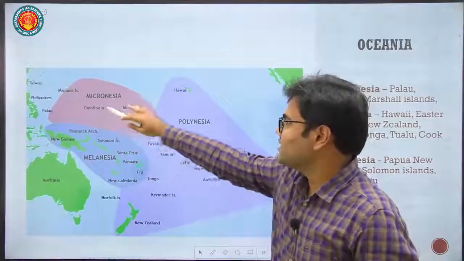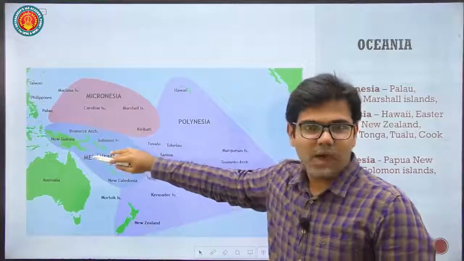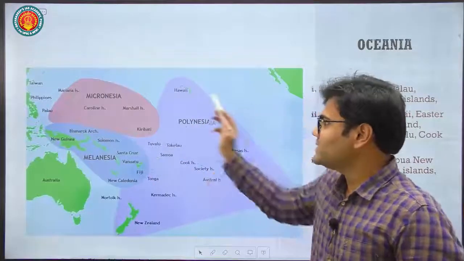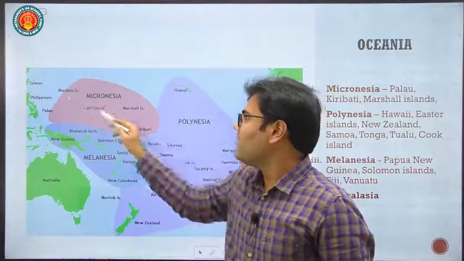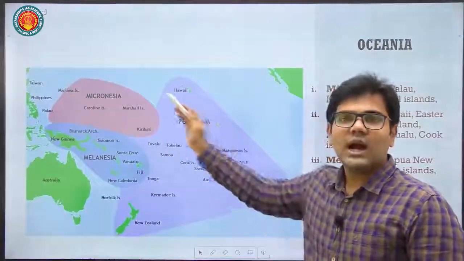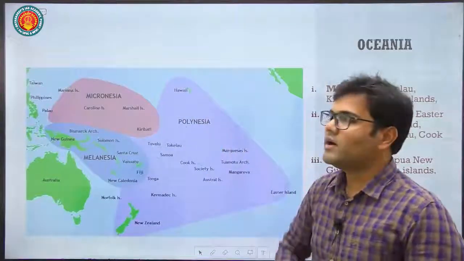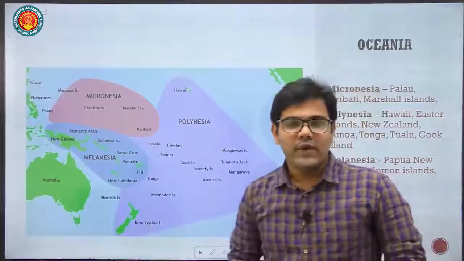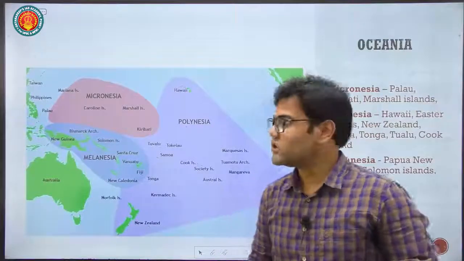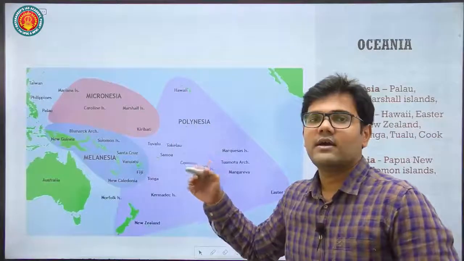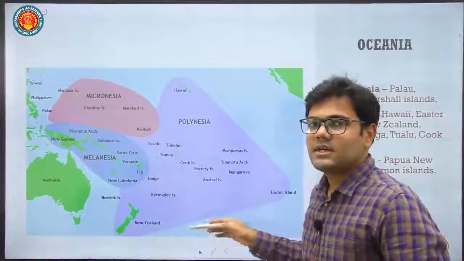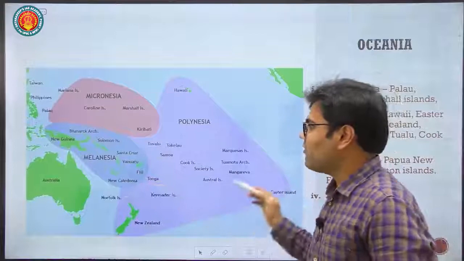The first one is Micronesia, then Melanesia, and then Polynesia. Micronesia is a region having few countries, and there are many islands which are governed by the superpowers of the world. Some islands are governed by USA, some by UK, and some by Australia and United Kingdom. We'll see some of the countries associated with this part of the world.